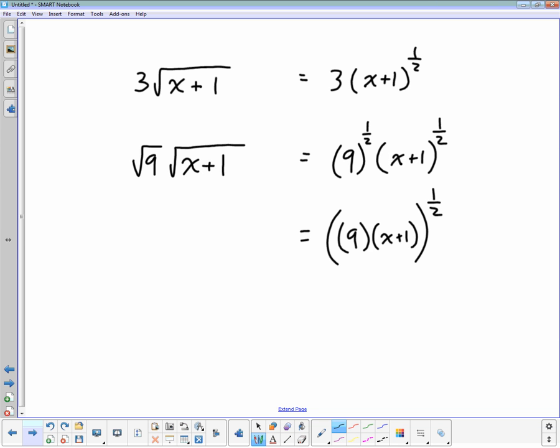The step that is all too often forgotten about. Okay, with the square root, it's quite straightforward.